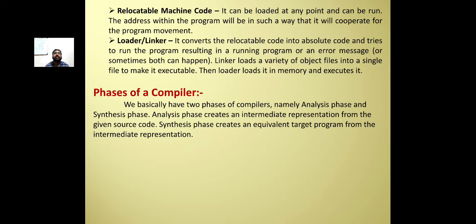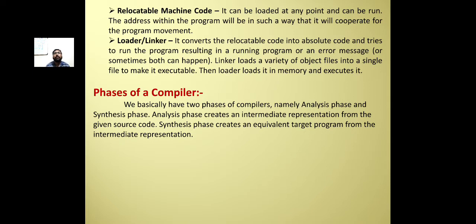Loader and linker: it converts the relocatable code into absolute code and tries to run the program, resulting in a running program or an error message. Sometimes both can happen. The linker loads a variety of object files into a single file to make it executable. Then the loader loads it in memory and executes it.